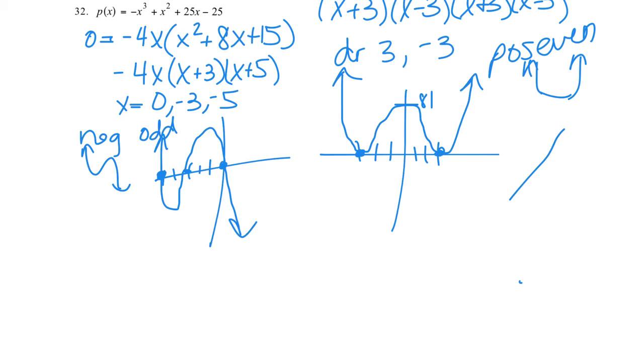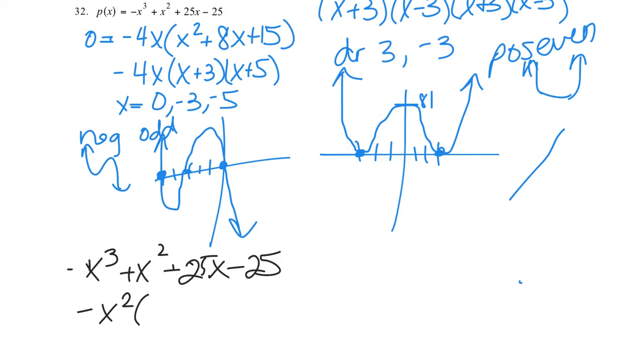Let's do a different color so it stands out. Negative x cubed plus x squared plus 25x minus 25. Factor by grouping, so I'm going to take a negative x squared out, and I get x minus 1, and I'm going to take a positive 25 out, and I get x minus 1.